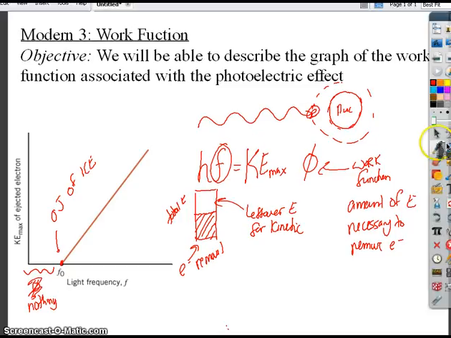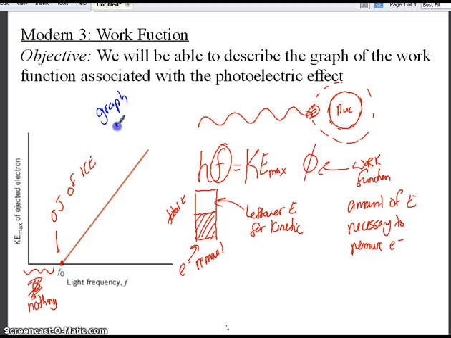Now, there's one little tip I want to give you. It's a very common question to say, based on the graph, what is the work function? What this question is really saying is how much energy does it take to eject an electron?